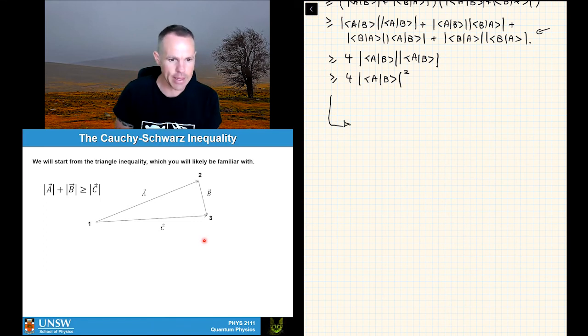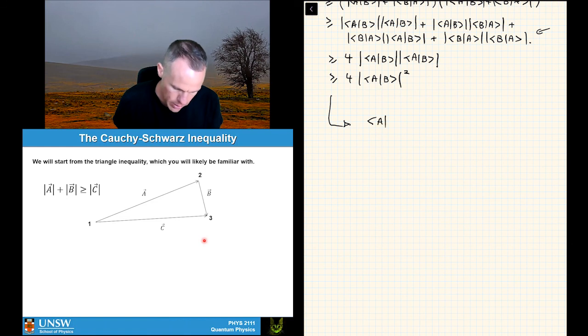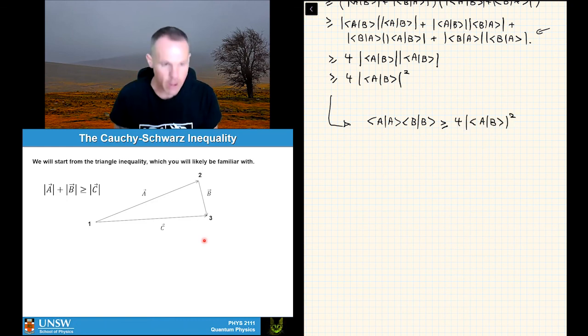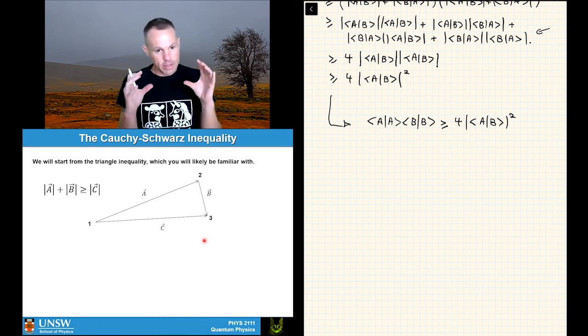And so then we end up with what is our final form for our Cauchy-Schwarz inequality. We're basically now at the end of the first half of this lecture, which is the inner product of A times the inner product of B is greater than or equal to 4 times (A,B) squared. And of course, you remember this idea with the inequality, we can always replace it with something smaller.